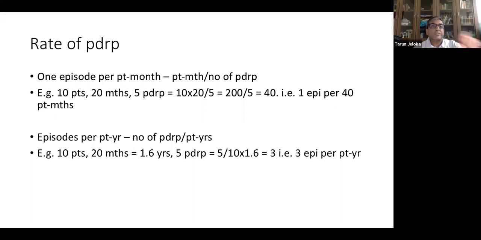The total peritonitis episodes over this year or last calendar year was 5. So what you have to calculate is the total number of patient months: 10 multiplied by 20, divided by the total number of peritonitis episodes. So 200 divided by 5, which means 40. That means in this center, there is one episode per 40 patient months.